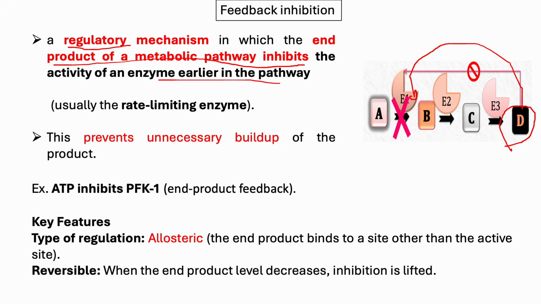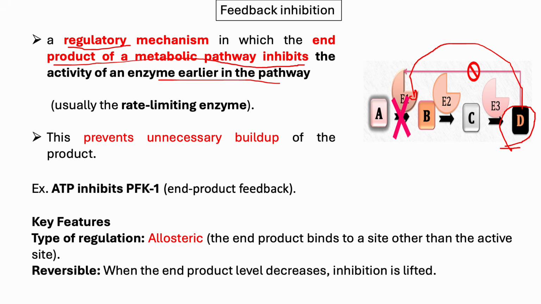This enzyme is responsible for producing B from A, so it blocks this enzyme's activity. This is called feedback inhibition. That means the final product of this metabolic pathway inhibits the activity of an earlier enzyme in the same pathway.